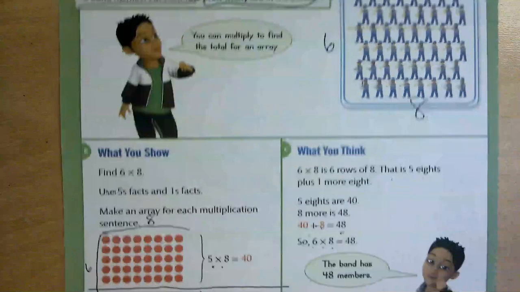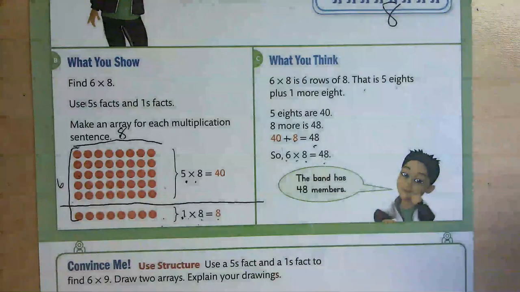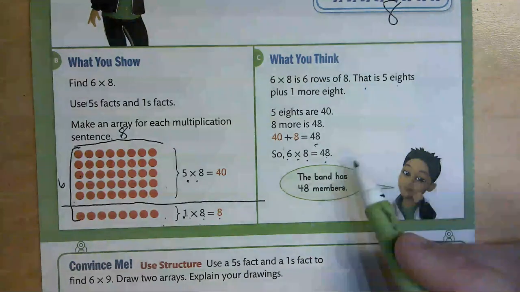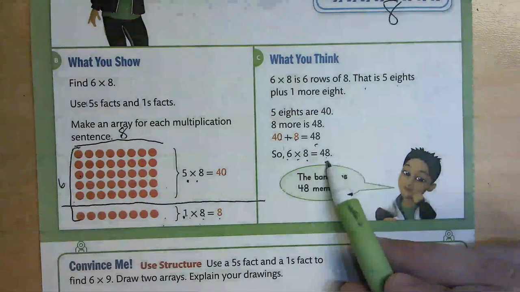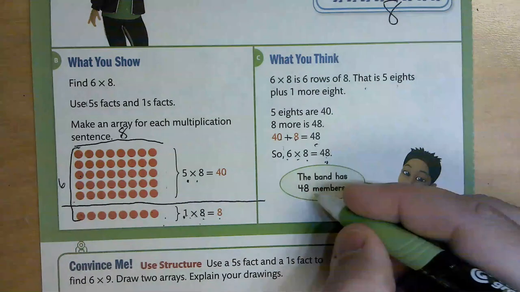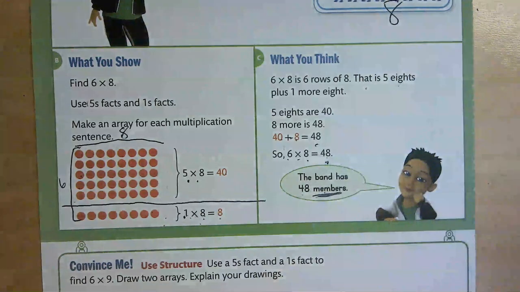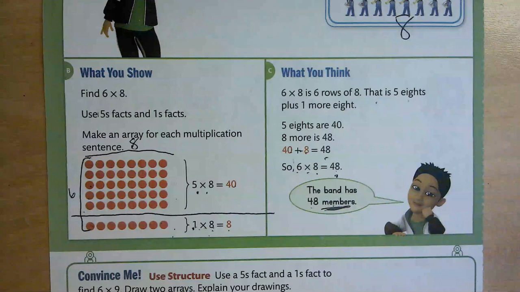So when we total up our array and find that it's 48, well, if I don't put my label, this could be 48 pizzas. This could be 48 touchdowns. It could be anything, which is why they put 48 members, because that now tells us, oh, that's right, we were actually solving a word problem about band members. All right, so I can go back to the beginning and double check that.